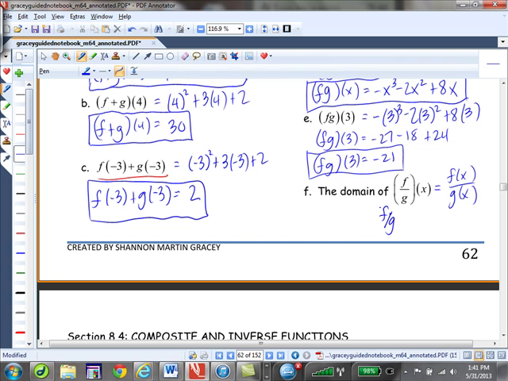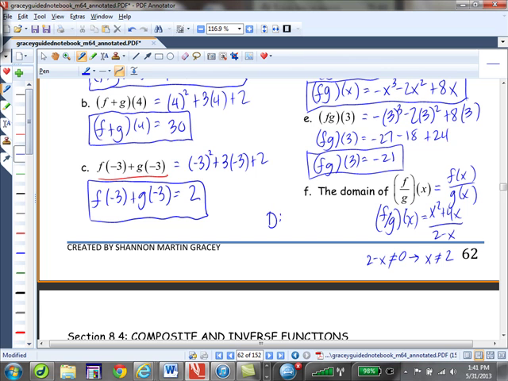So f over g at x will be, f of x was x squared plus 4x, and g of x was 2 minus x. So we don't want 2 minus x to be 0. So that means that x should not be equal to 2, because 2 minus 2 is 0.